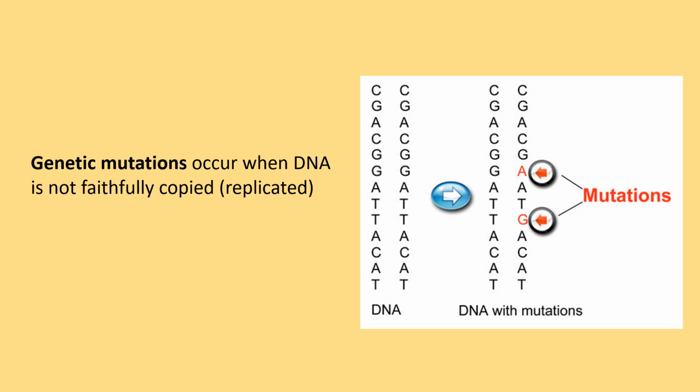If there's a change to the genetic code, if one or more of those base pairs in DNA is altered, it can give rise to a protein that has a different primary sequence, a different order of amino acids, and then that protein will fold differently, and it will have a different function. Depending on the extent of the change, that protein may still be able to retain some of its function, or it might be completely non-functional.